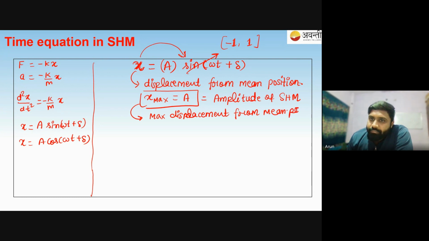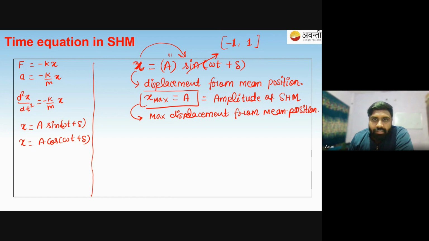From where? Mean position. Okay. Got it? Now we have cleared one thing. What is A? A is the amplitude and amplitude is the maximum displacement in SHM. From where? From mean position.